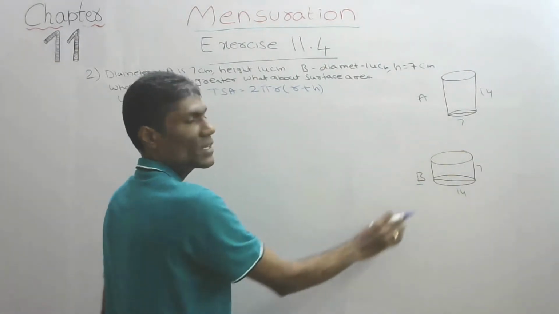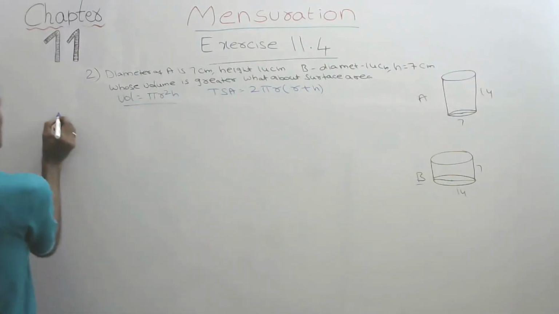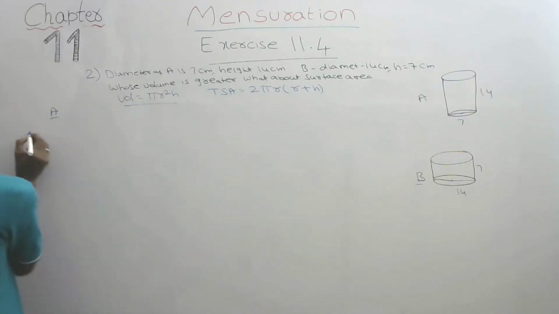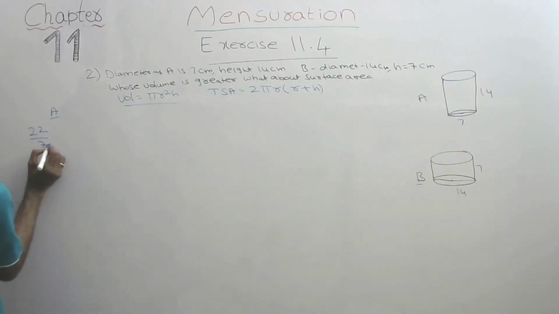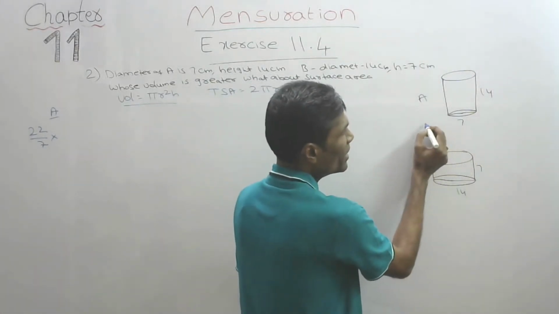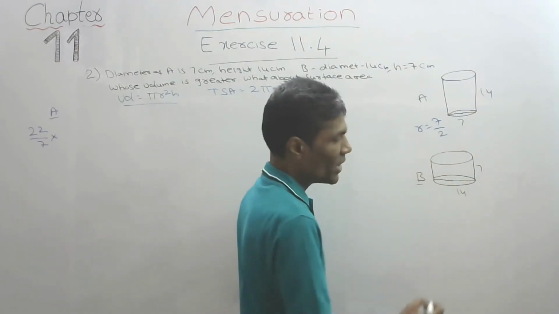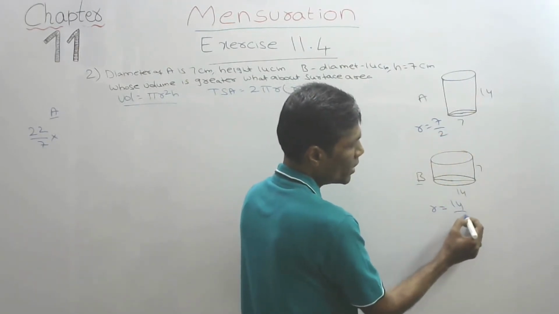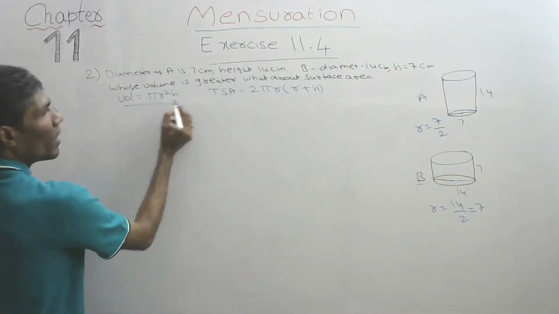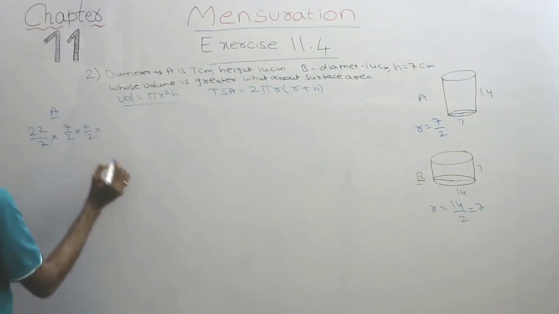We will start with volumes, first with A. Volume is pi r square h, so 22 by 7 into r squared. What is the value of r? Diameter is 7, so r will be 7 by 2. Here also r will be 14 by 2, that is 7. So r squared is 7 by 2 into 7 by 2, into h.